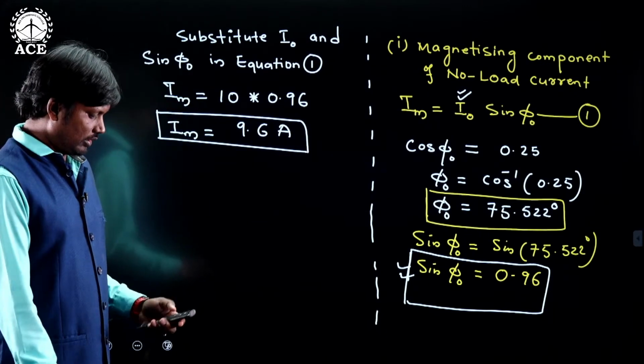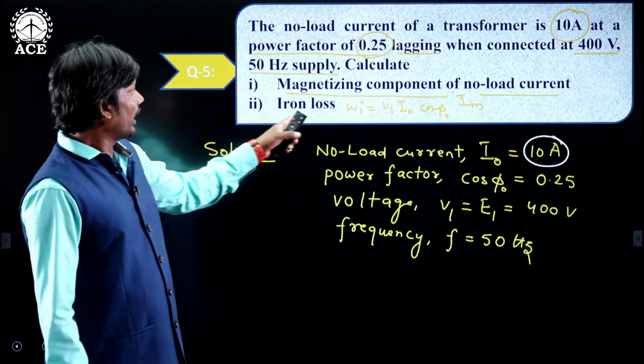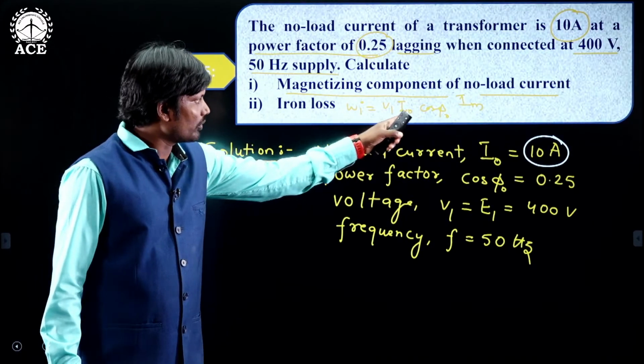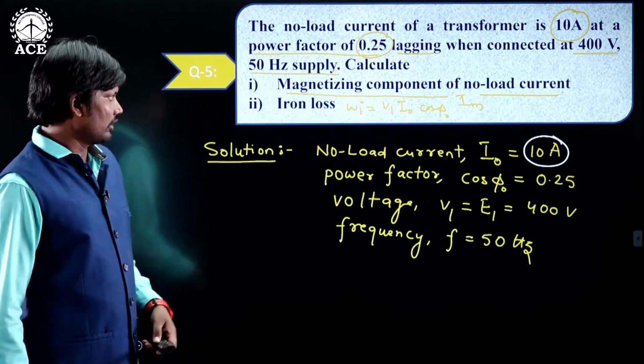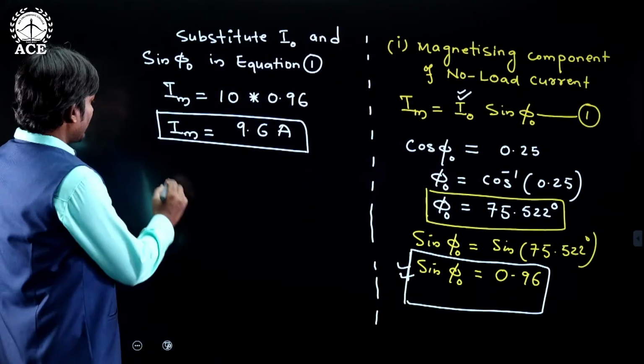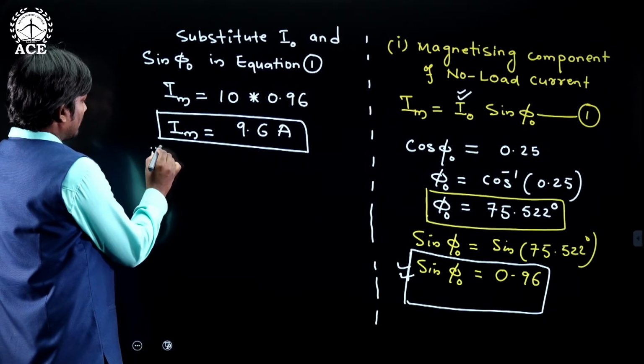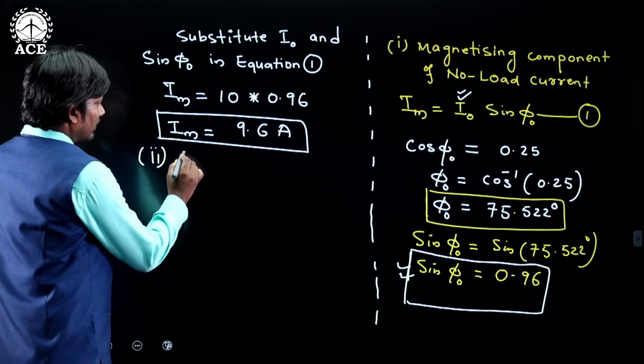So what is the second one? Iron losses. By using this formula we are going to calculate the iron losses.